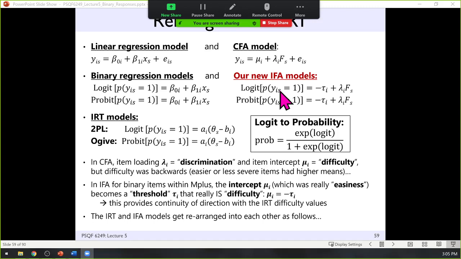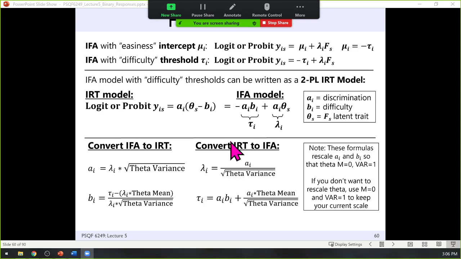Now here's how to get from that back to where we were. Ta-da! Algebra. Here's the conversion. It works out that the factor loading is the same thing as A. A times B is the same thing as a threshold. And here are the conversion formulas to get back and forth.